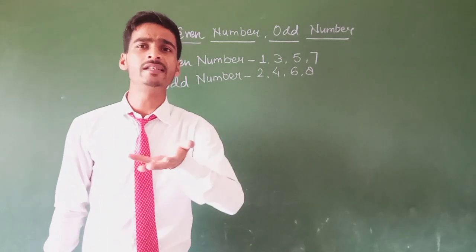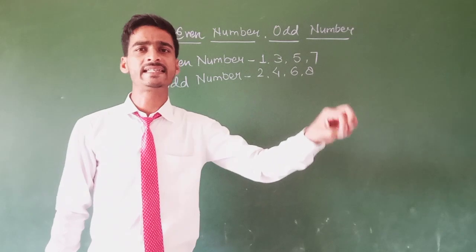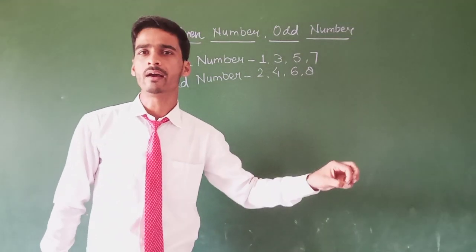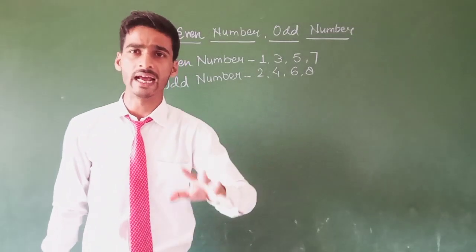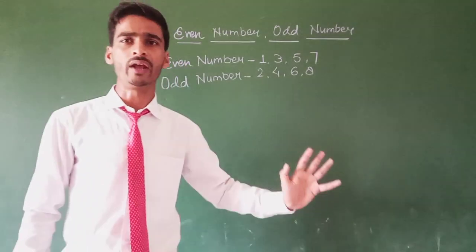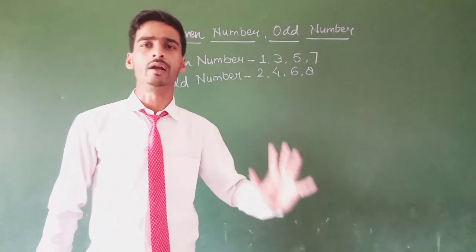So these numbers, 2, 4, 6, 8, 10, 12, 14, 16, 18, 20, are even numbers, and those which can't be divided, 1, 3, 5, 7, 9, 11, 13, 15, 17, are called odd numbers.